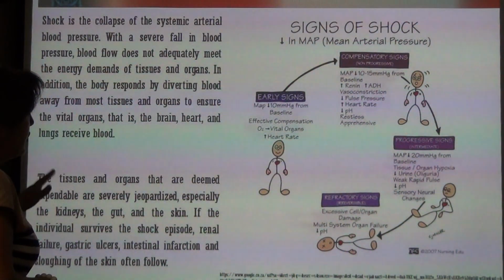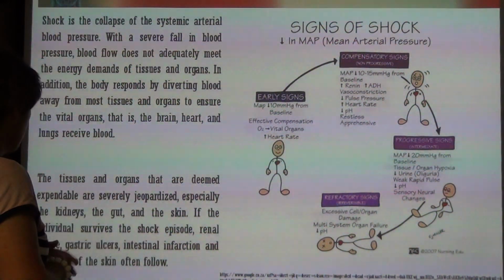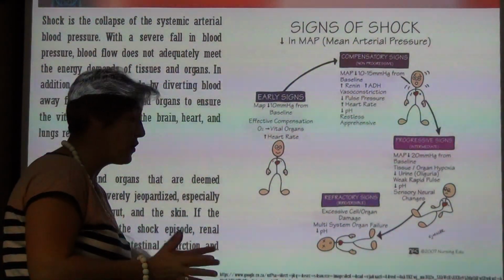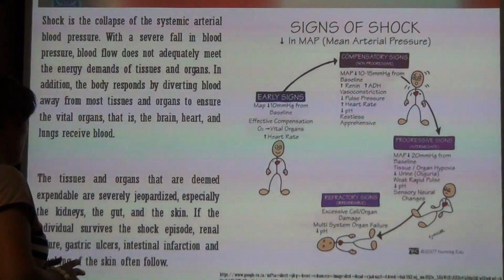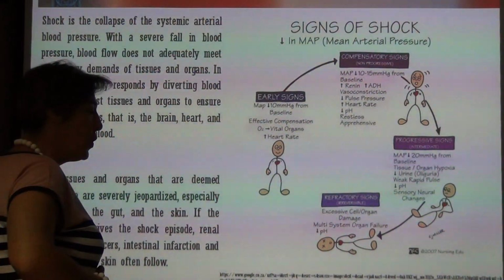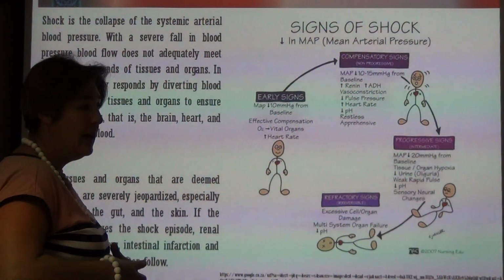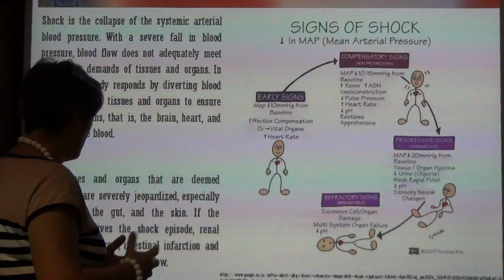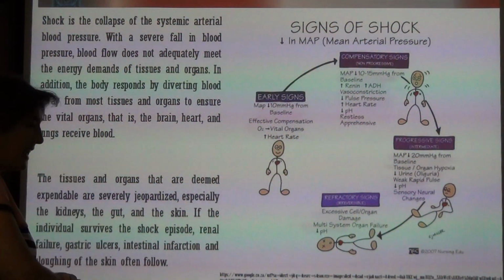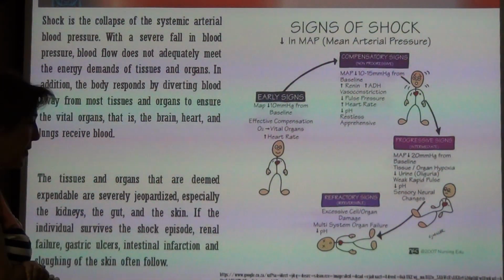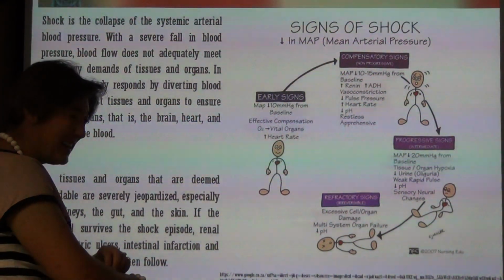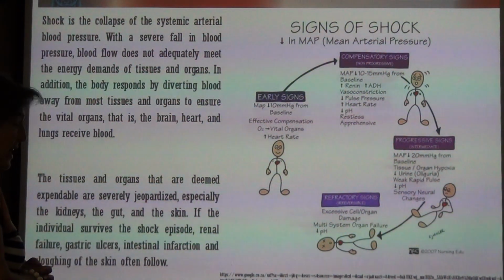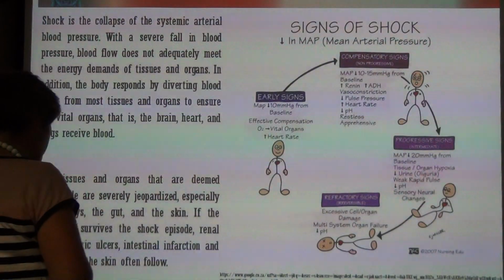Okay, so usually during this compensation process, several organs get compromised, which is usually your kidneys, your gut. We will also shunt all the fluid content from the gut, the mesentery, to the heart, and then also the skin. The skin will be compromised. Usually we get sloughing, where the skin will start to peel off due to the fact that it has been oxygen deprived.